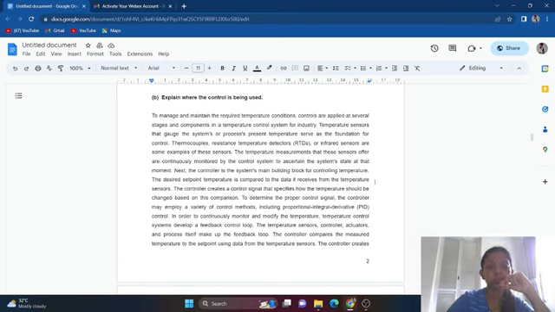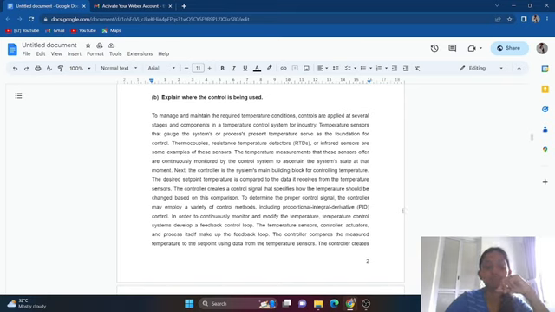Next, the controller is the system's main building block for controlling temperature. The desired set point temperature is compared to the data it received from the temperature sensor. The controller creates a control signal that specifies how the temperature should be changed based on this comparison.